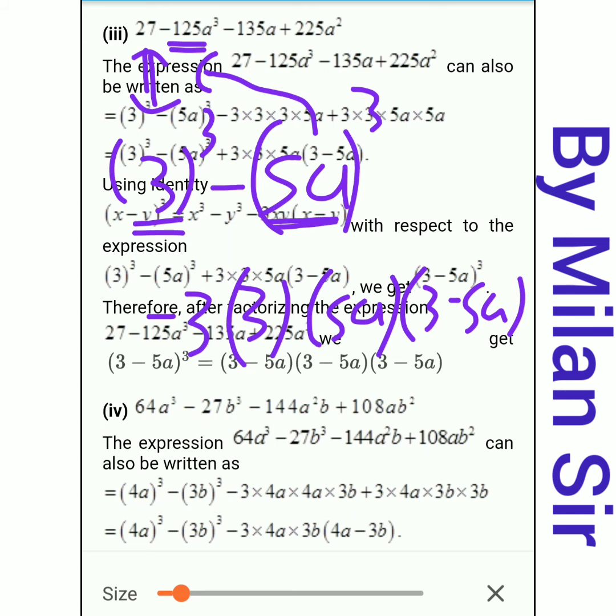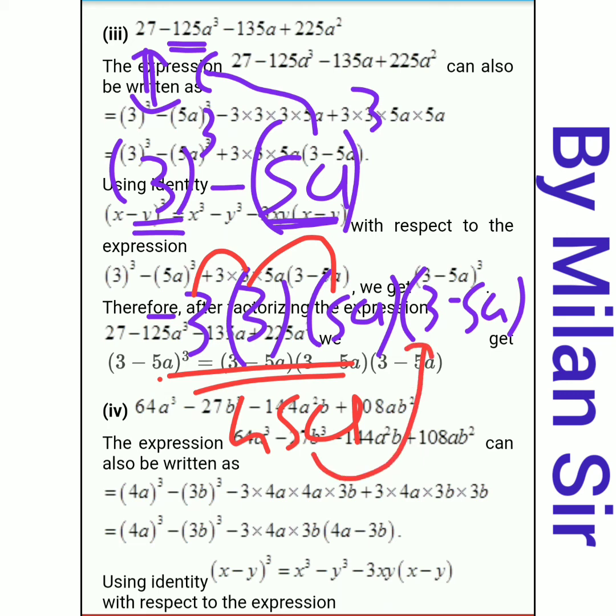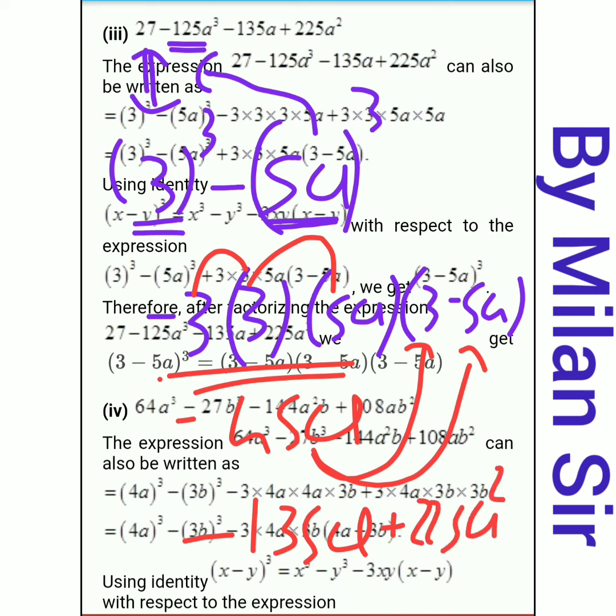Okay, now we need to check this. First of all, multiplication of this: 3 3s are 9, 9 5s are 45a. If we multiply this 45a with 3, and here we have a negative sign, so plus minus minus, 45 3s are 135a. And if we multiply minus 45a with minus 5a, so minus minus plus, 45 5s are 225, a multiply a is a square.